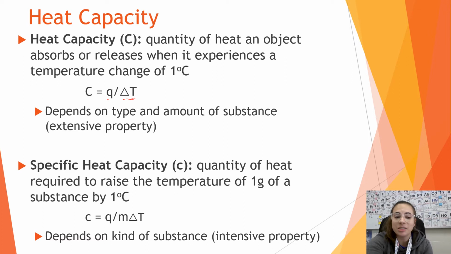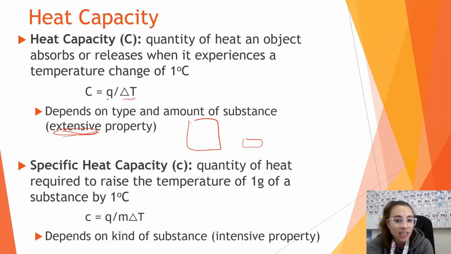This is going to depend on the type and the amount of the substance. So it is an extensive property, meaning this much water is going to have a higher heat capacity than this much water, simply because it's larger. There's more of it, it can absorb more heat.